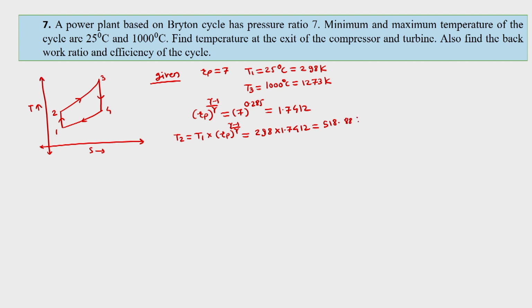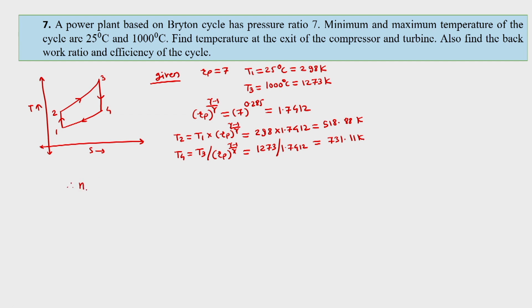518.88 Kelvin. Further, T4 is equal to T3 divided by Rp raised to (gamma minus 1) upon gamma. So it is 1273 divided by 1.7412, and it is 731.11 Kelvin.